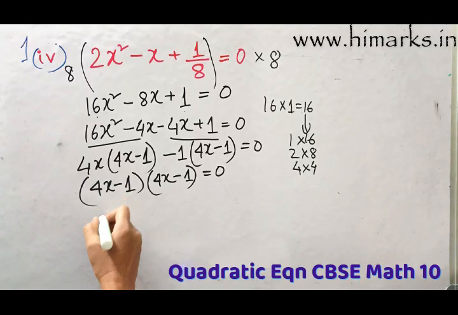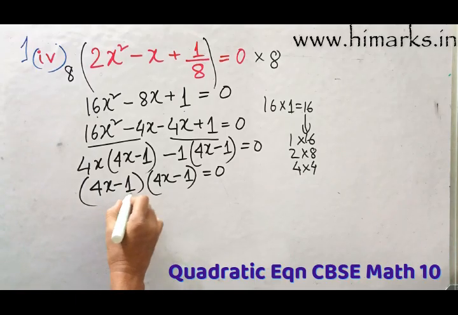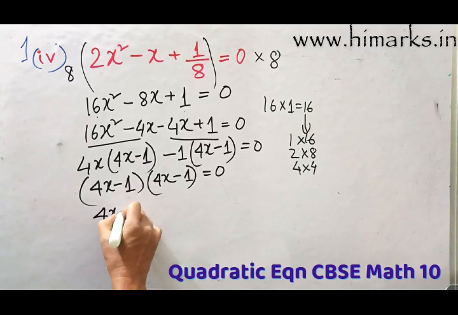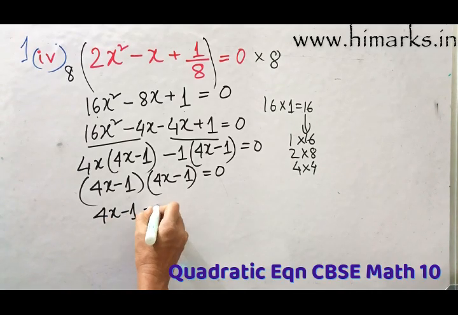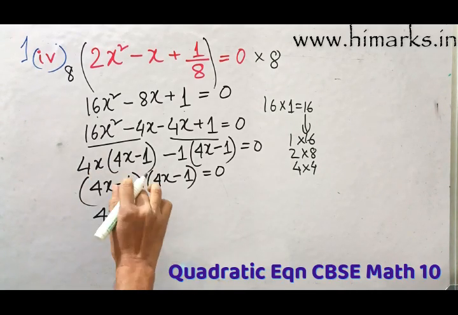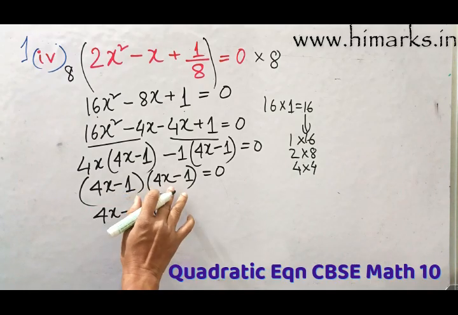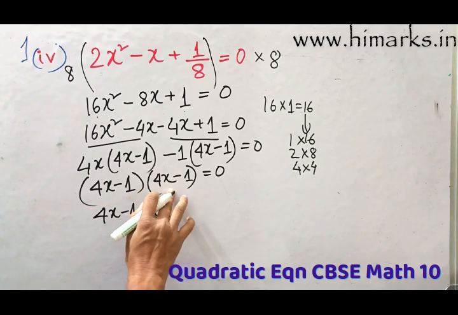Okay. So that means d is equal to 0. So 4x minus 1 will be 0. As the product of two is equal to 0, this will be 0, and separately this also will be 0.